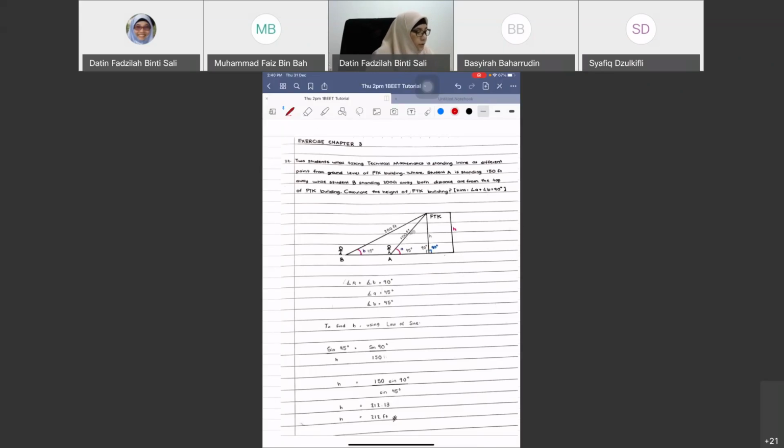Two students who are taking technical mathematics are standing in line at different points from ground level of the FTK building, where student A is standing 115 feet away while student B is standing 200 feet away. Both distances are from the top of the building. Calculate the height of the building.